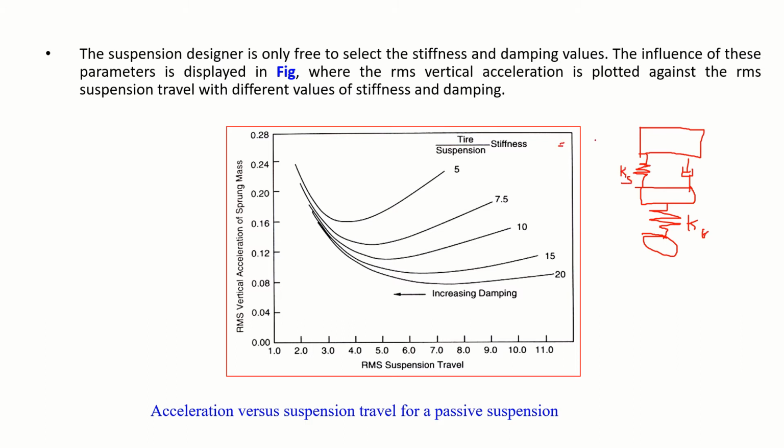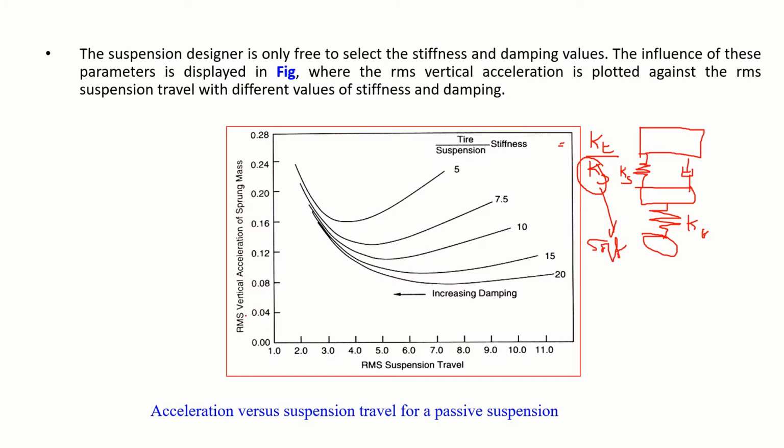So this ratio is nothing but KT by KS. If this KT by KS ratio is small, it means a hard spring. As this value increases, it means a soft spring.